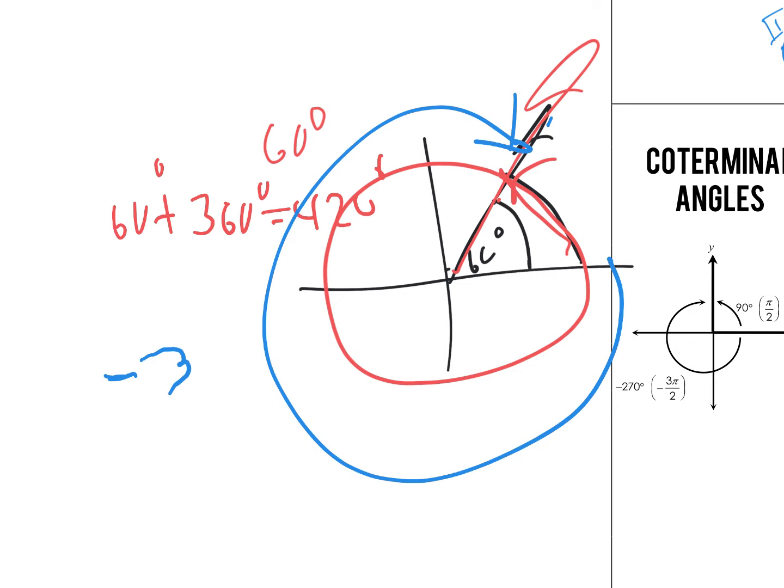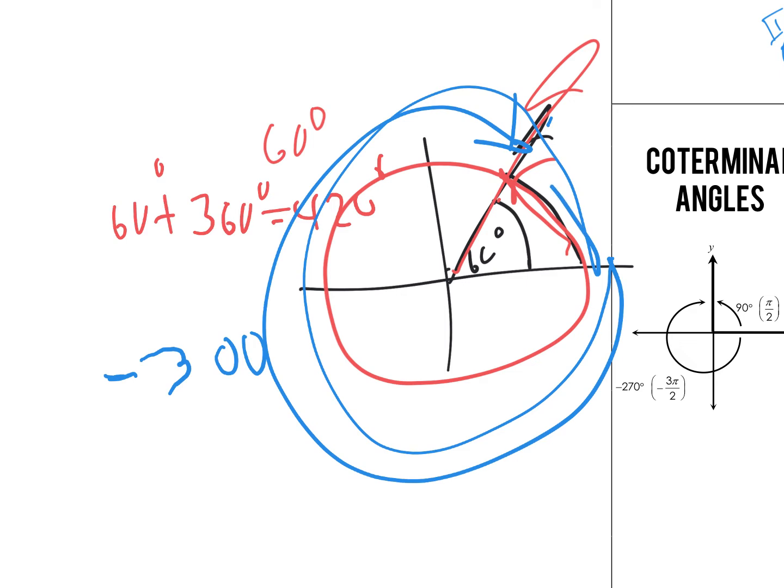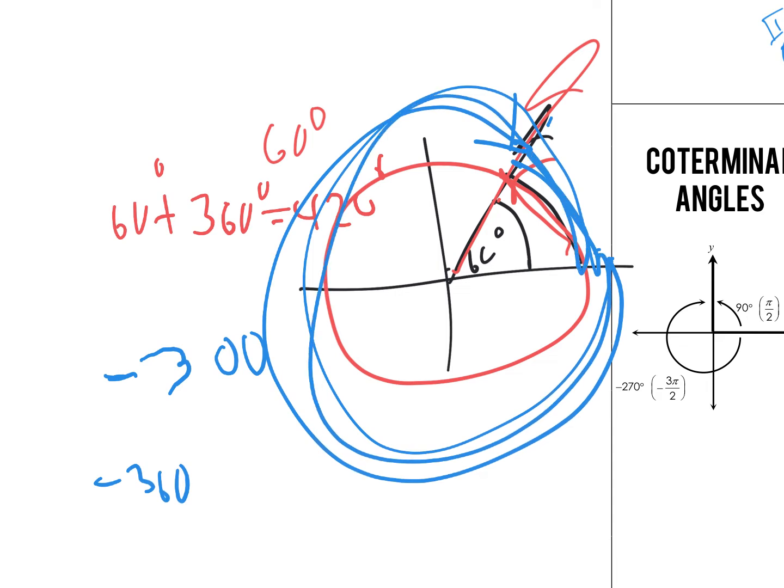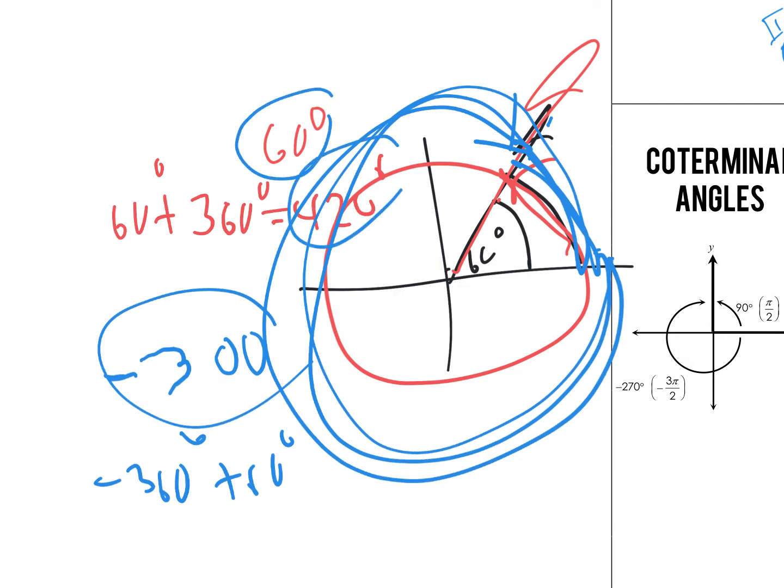Wouldn't it be 300? Because all the way around would have been a negative 360, but I added the 60 to it. So I could go all the way in the negative direction, and then add the 60. And so I get negative 300. All three of these answers are called coterminal.